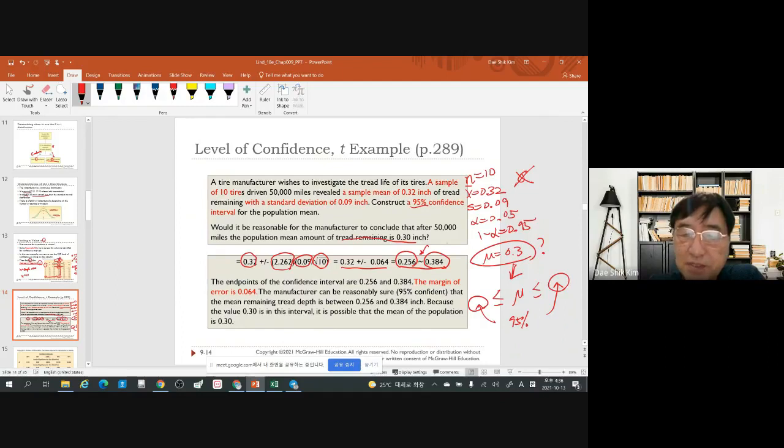So the 95% confidence level is very important. The plus minus part is called the margin of error. We already mentioned it, okay? Because the value 0.3 is in the interval, it is possible that mu is 0.3. This could be the correct answer. The probability that this answer is correct is 95%. That's the confidence level.